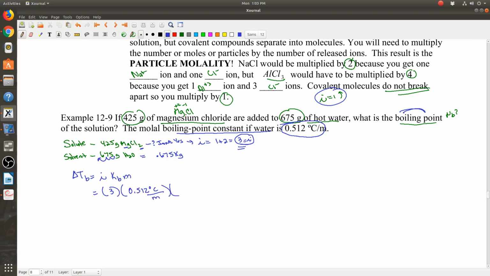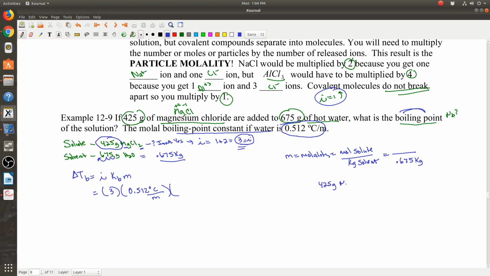But now I need the molality. Little m is molality, and molality is moles of solute over kilograms of solvent. I turned the solvent into kilograms already, 0.675 kilograms. I've got to turn the mass into moles before I can solve for that.